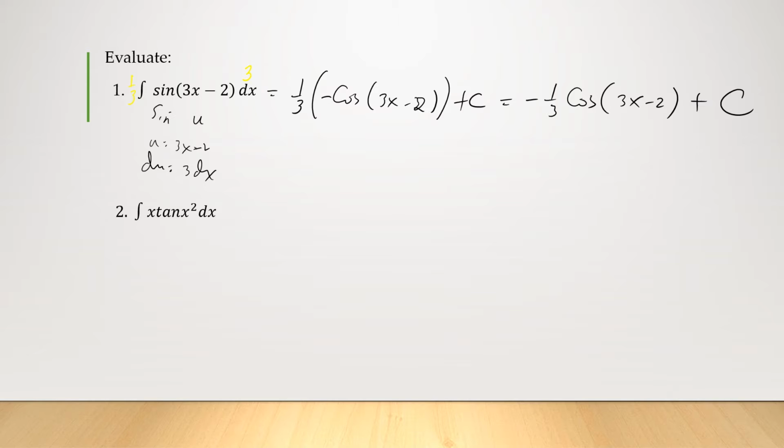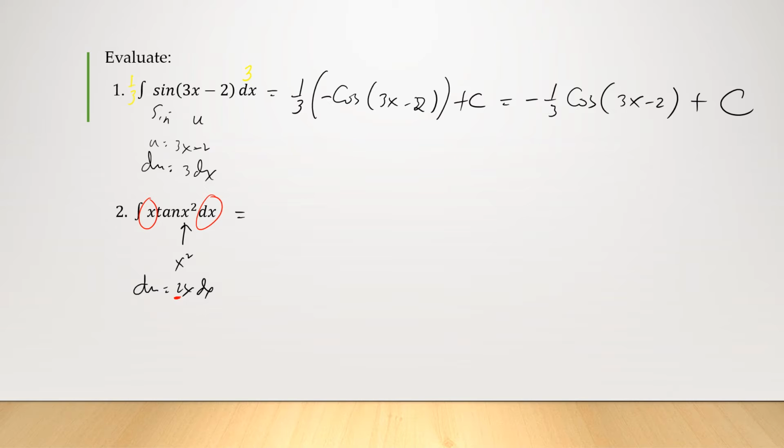Next, the integral of x tangent x squared dx. At this point, we should have realized that x is important because that is part of the differential of x squared, which is 2x dx. So our u here is x squared and du is 2x dx. So x dx is part of the differential of u except for the missing constant 2.